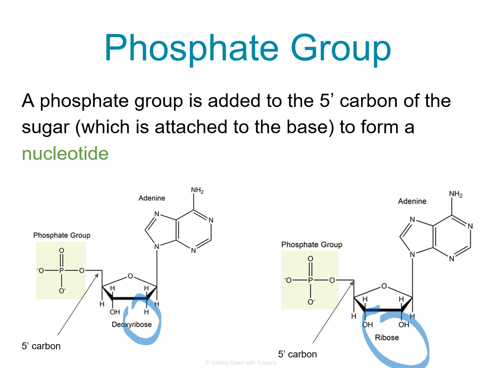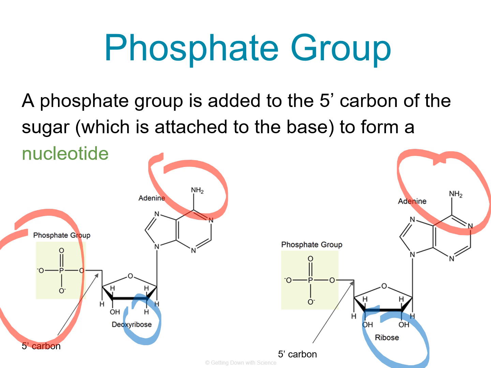That phosphate group is going to bind to that sugar, and that sugar is going to bind to the nitrogenous base. We can tell it's a nitrogenous base because we've got those nitrogens there. And we can tell it's a phosphate group because there's a phosphate there.